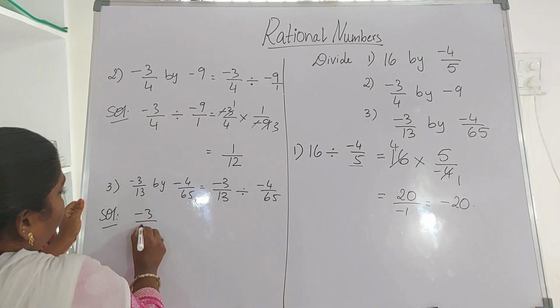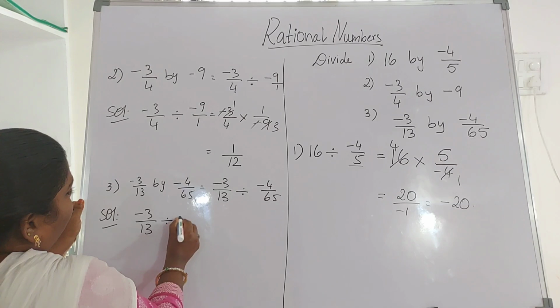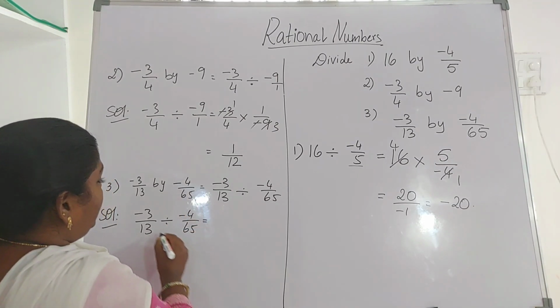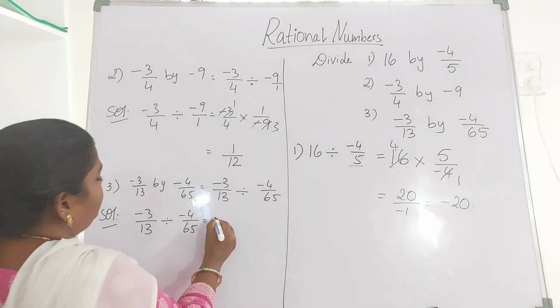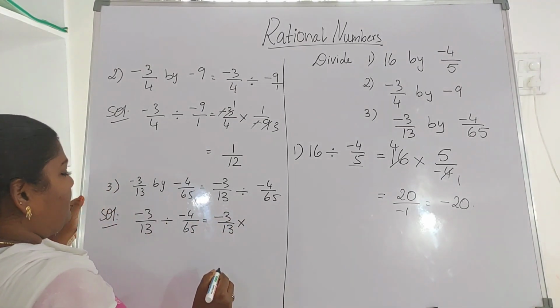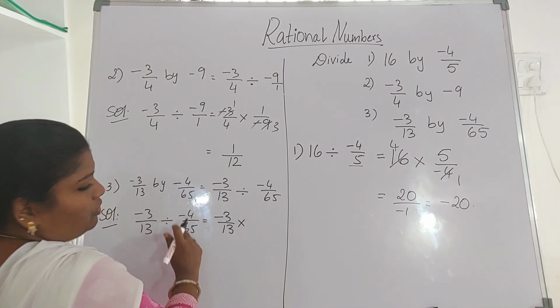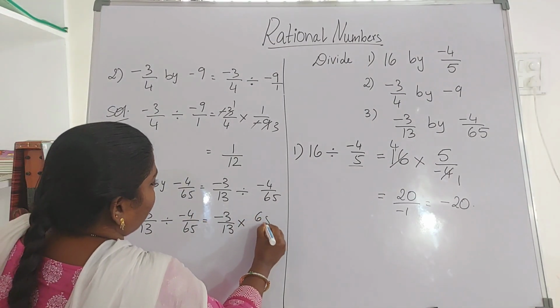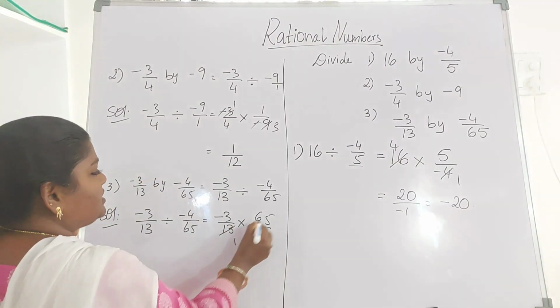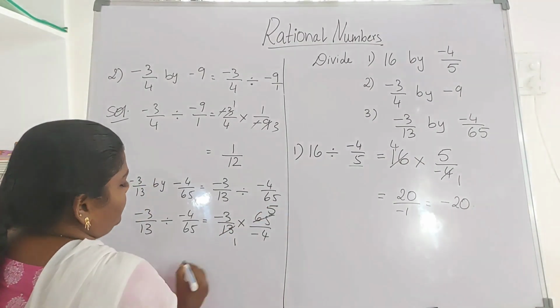So minus 3 by 13 divided by minus 4 by 65, that is equal to. Now this division symbol should be replaced by a multiplication symbol. So the reciprocal of this is 65 by minus 4. Now 13 ones, 13 fives.